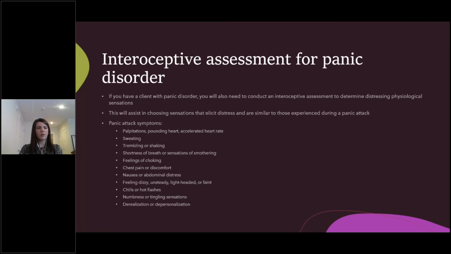And this will help to assist in choosing sensations that elicit distress, and also sensations that are similar to the sensations that people experience during one of their panic attacks.